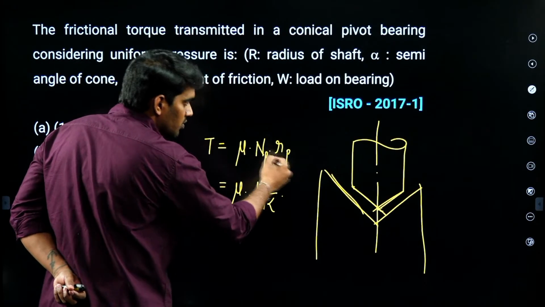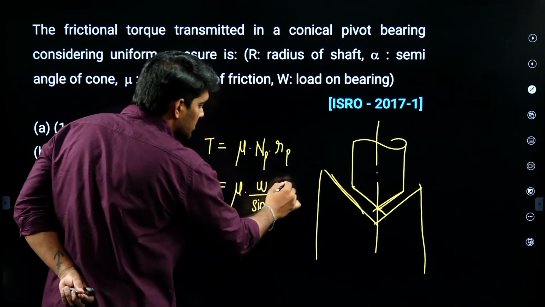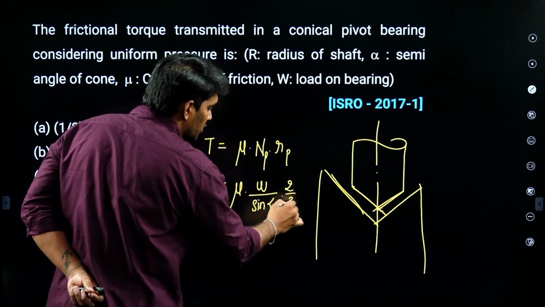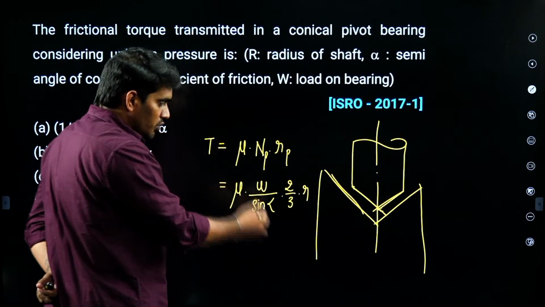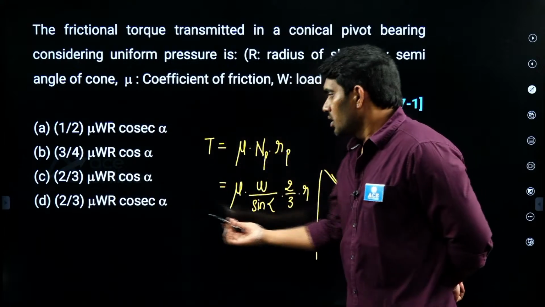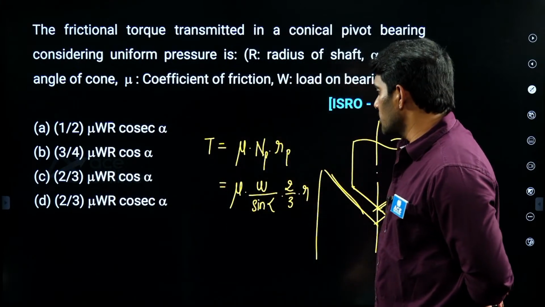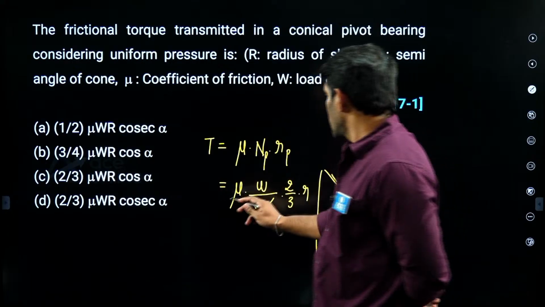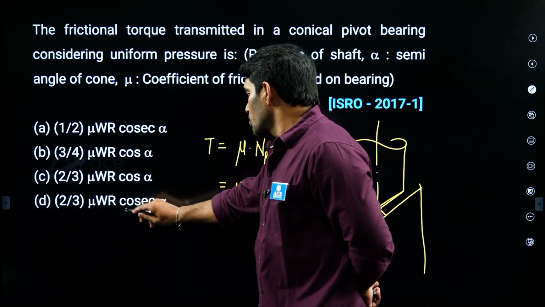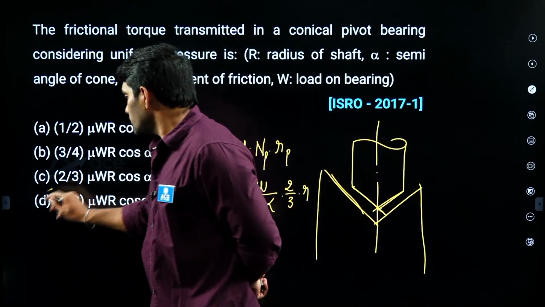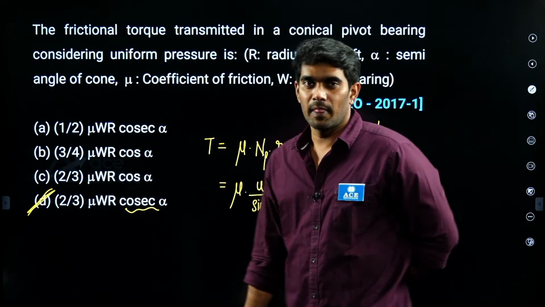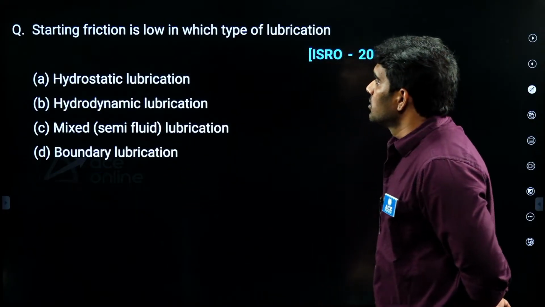As this is a pivot bearing, the radius is 2 by 3 times R. So the answer here is 2 by 3 times mu times W into R into cosec alpha. The answer is D. Very simple one.